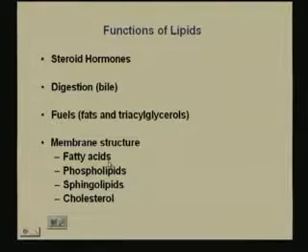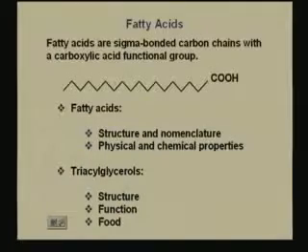Now, what we mean by a fatty acid is a long chain acid. In the organic carboxylic group that we speak about, we speak of a C double bond O, OH being the acid moiety. Now, what we have here is a long chain hydrocarbon with a COOH attached to it.